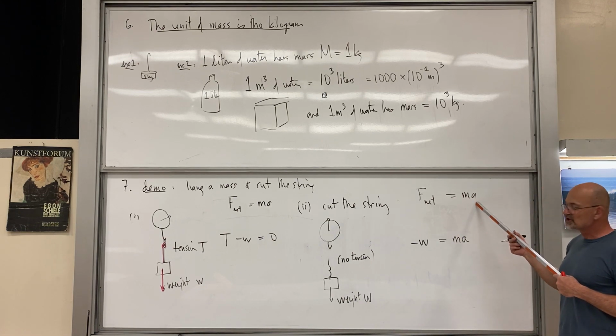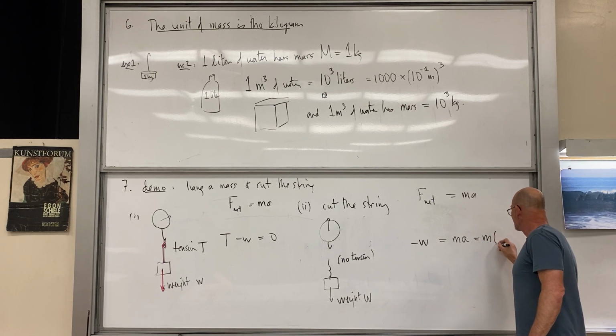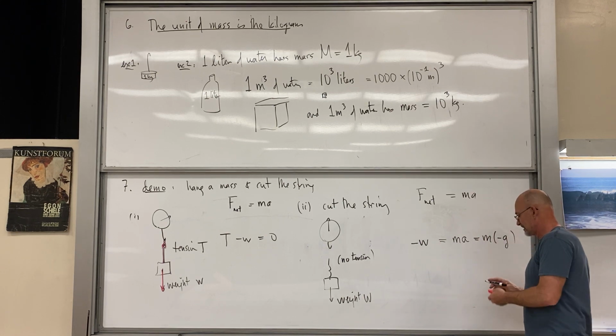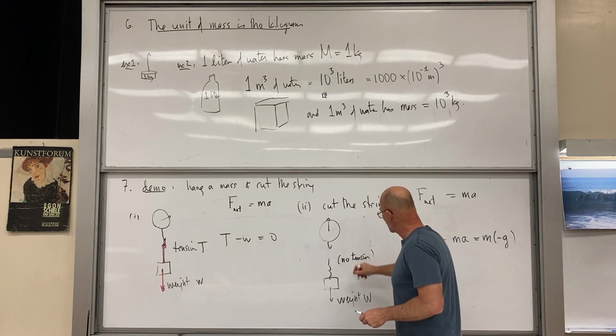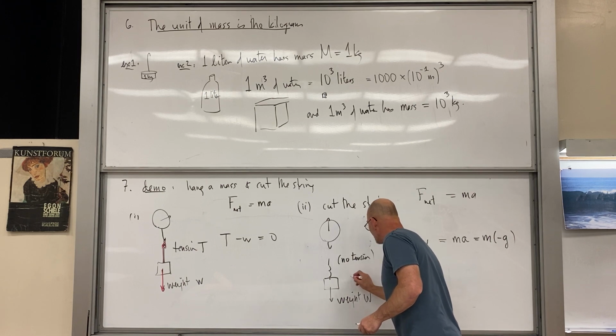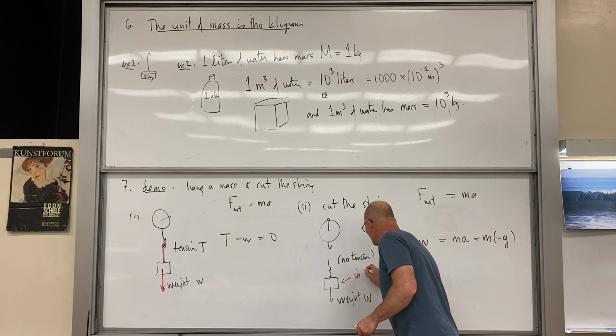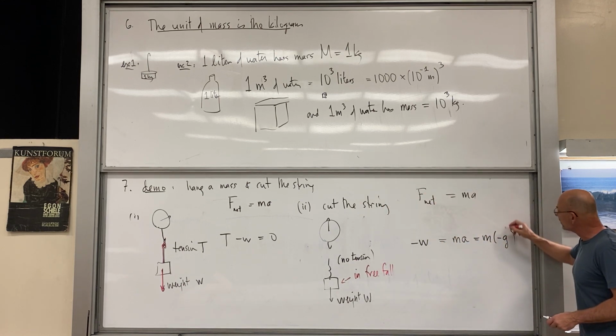But the acceleration is the free fall acceleration, so that equals M times minus G. So we cut the string, no tension, weight W, and this thing here is in free fall. So that's why I put in the free fall right there.